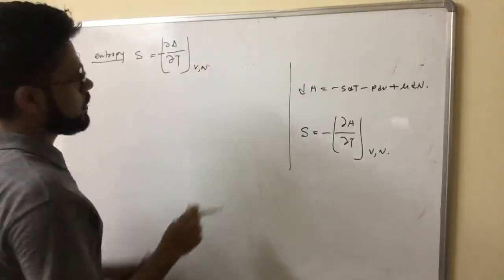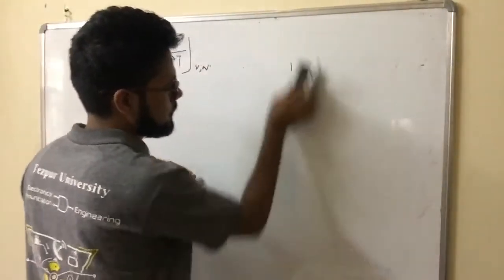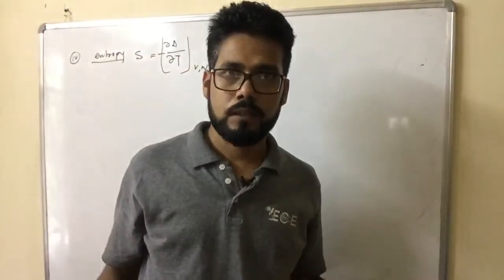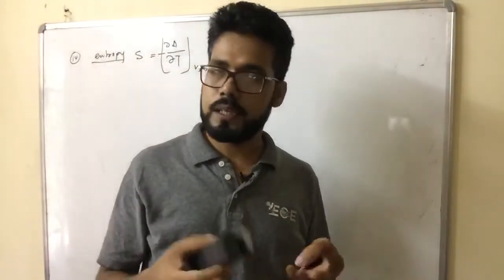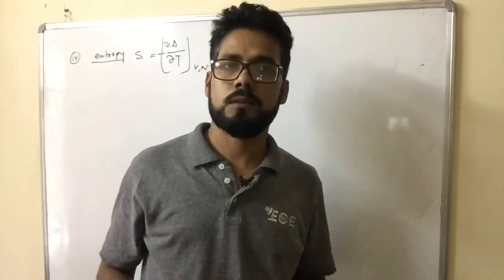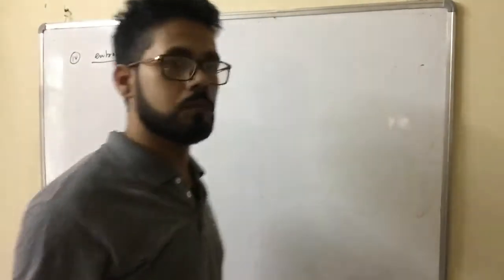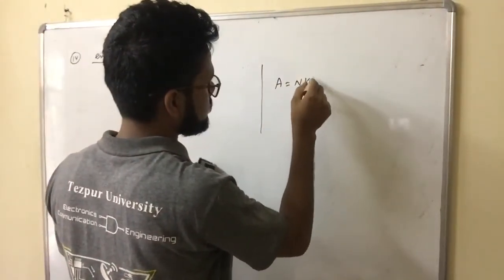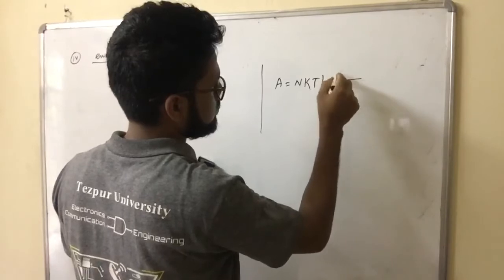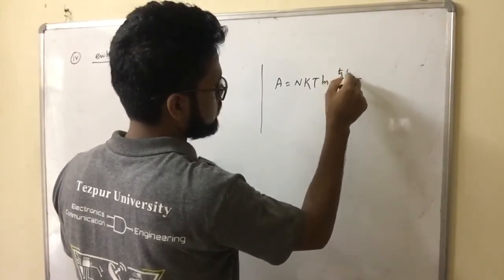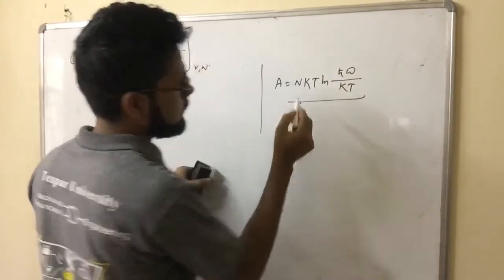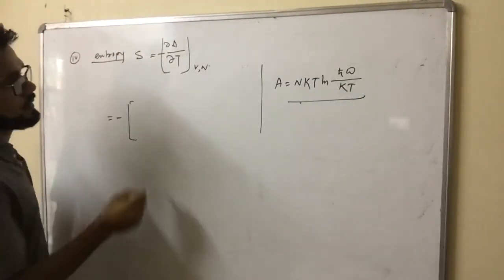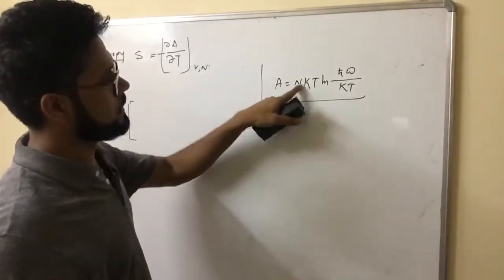So what is the value of free energy? In the exam, sometimes they will give the free energy and you have to find the entropy, or sometimes they will give the entropy and you have to find the free energy, reverse order. So you can do both. Already I have told you the free energy is NkT ln(h cos omega by kT). This is the free energy of a system. So what is the entropy? Minus, V and N constant, so forget about that.